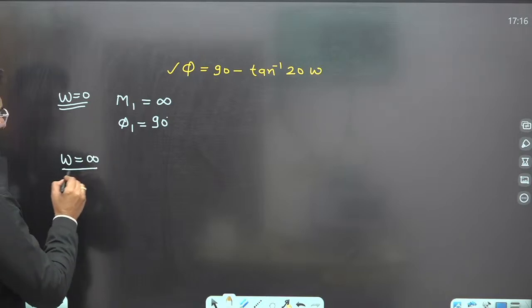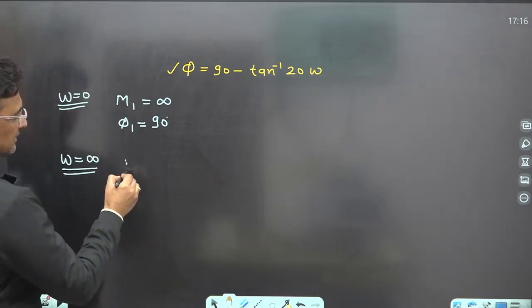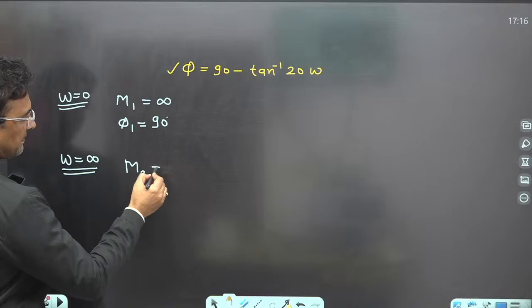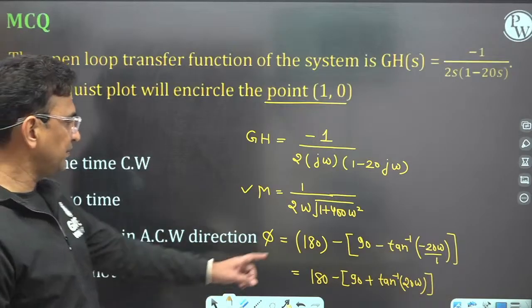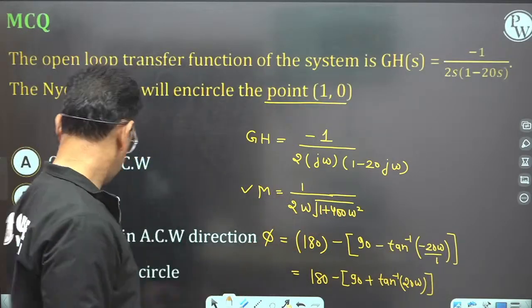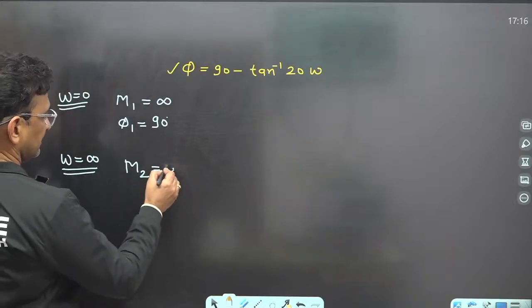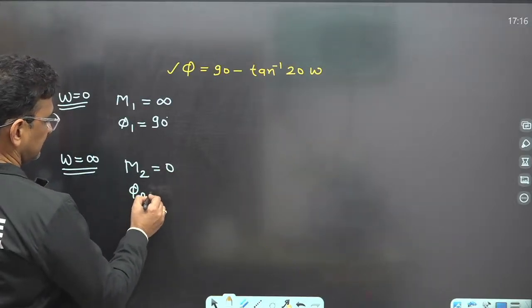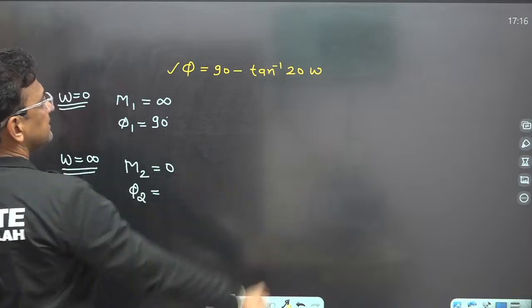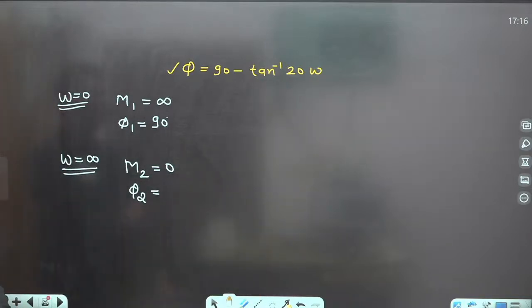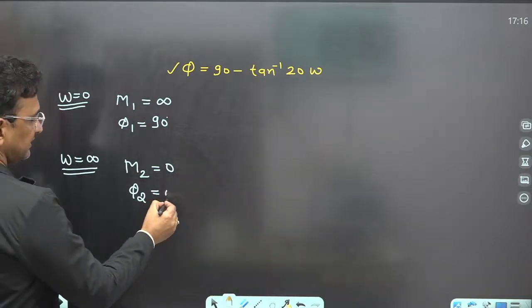Second, at infinite frequency, if you put omega equivalent to infinite here, the magnitude becomes 0. And what is the phase angle? 90 minus tan inverse infinite, 90 minus 90 means 0 degree.